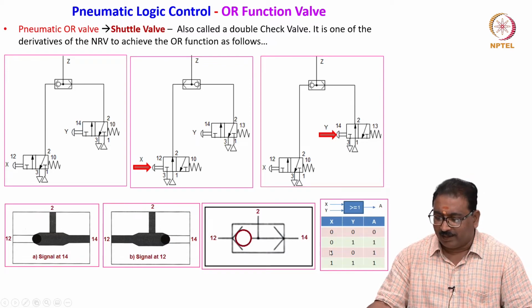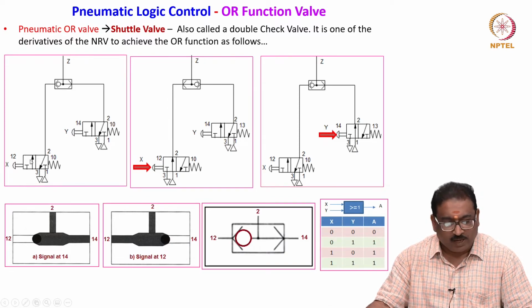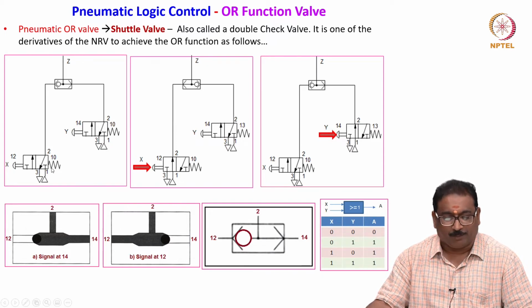Now you will see here the logic table, where X and Y are the signals 12 and 14. When they are 0, 0, no actuation, then the output is 0. Whenever any one of the signals is pressed, this or this, the output will be on.